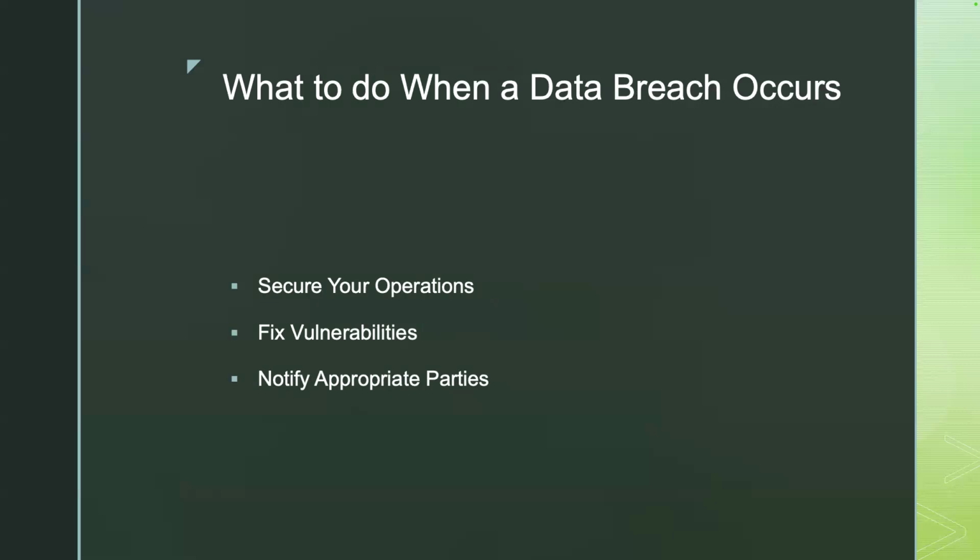Secure physical areas potentially related to the breach and mobilize your breach response team right away. This team should be spelled out in your incident response plan and may include forensics, legal, information security, information technology, operations, human resources, communications, investor relations, and management.